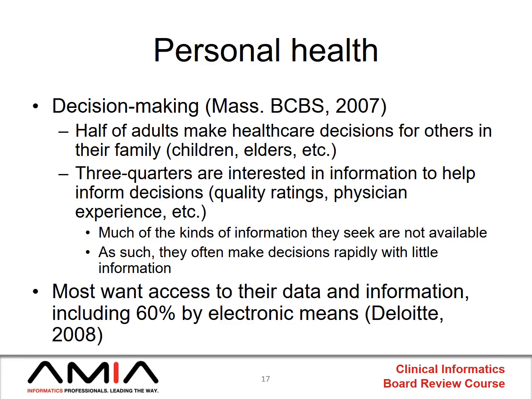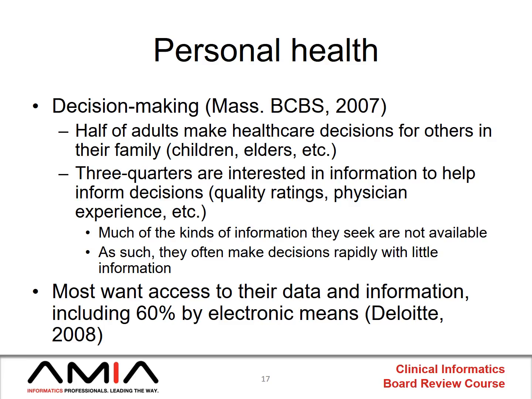The decision-making of patients around health has been studied, and some findings to emerge are that half of adults make healthcare decisions for others in their families. Often this is done by the woman who heads the household making decisions about children, elders, and others.